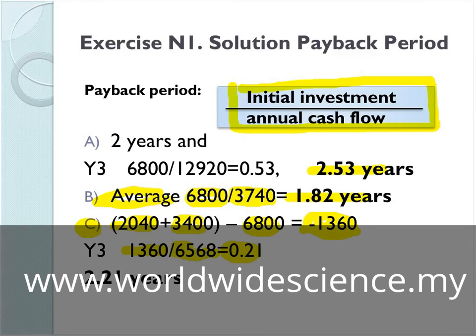How to get that? You take the value we need to close the investment, which is 1,360, and divide it by the profit from the last year, which is 6,568, right? And then you get 0.21, which is around 2 months. That means you need 2 years plus 0.21, which is about 2 months.